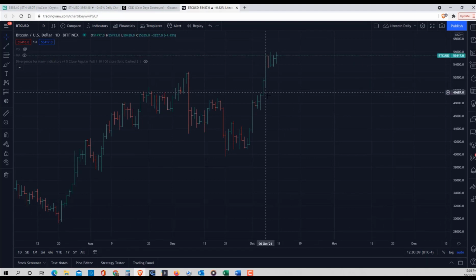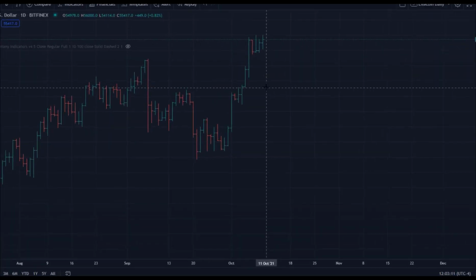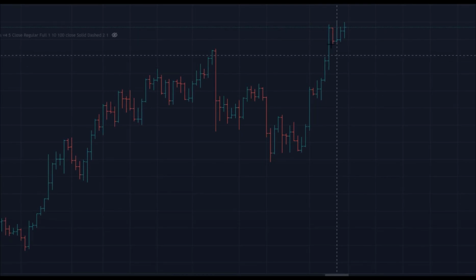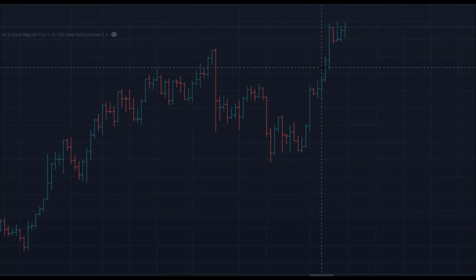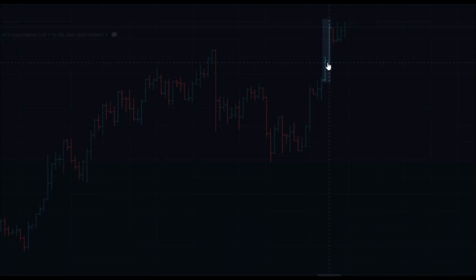This is one big bar. Now, each part of this bar has a significance. Right here, this little notch on the left, that is the opening price for the session. And usually the sessions open around 8 p.m. Eastern. And they're pretty much continuous.